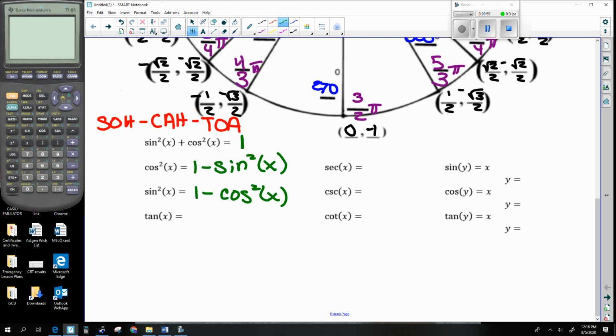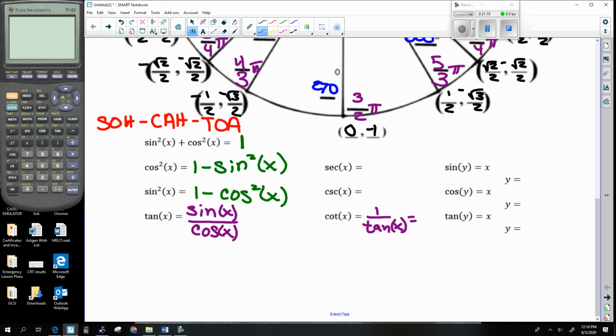Tangent: what this question is asking you for is what this is in terms of sines and cosines. And a tangent is just basically a sine over a cosine. Jumping across, cotangent is 1 over a tangent.